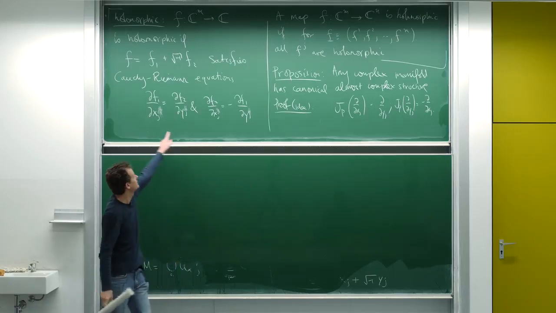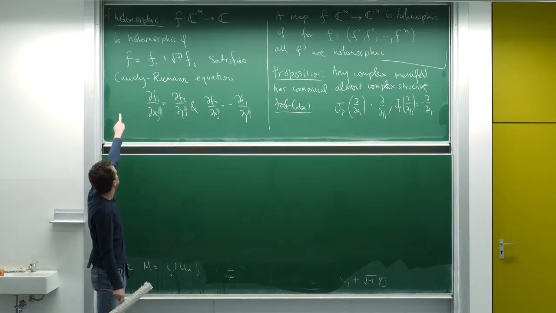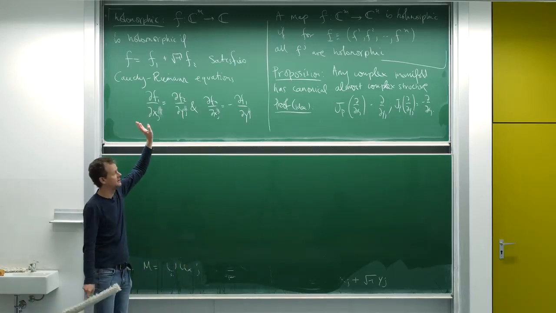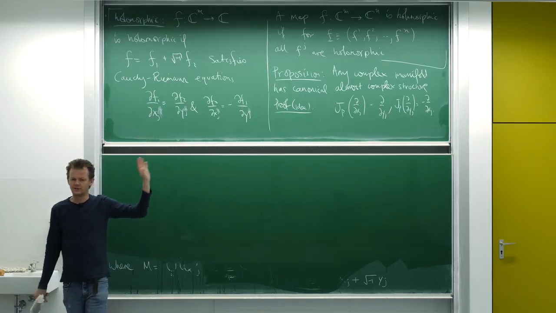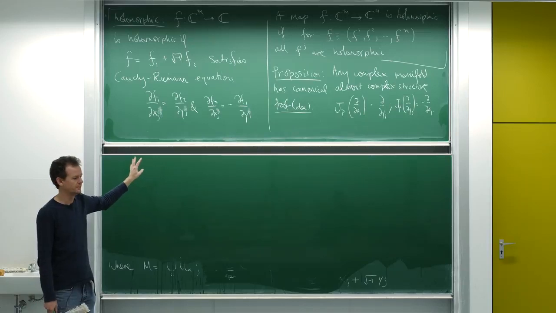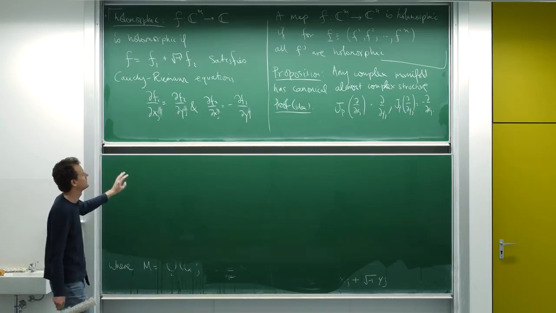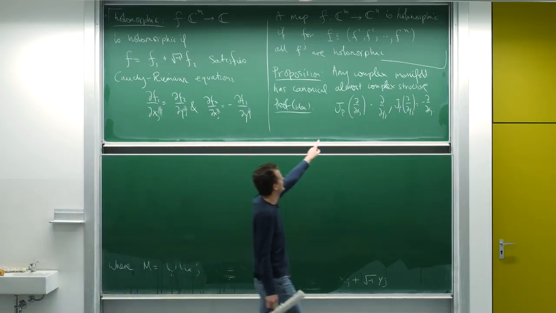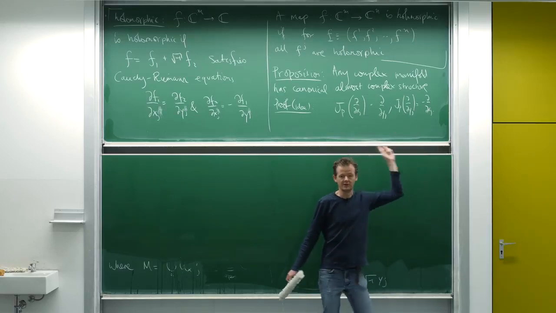So if you like this definition here, we're defining a manifold to be a complex manifold if it's an even dimensional manifold with all this extra structure on it. So you immediately write the complex numbers in terms of real and imaginary parts.